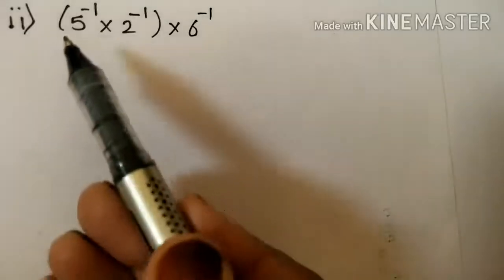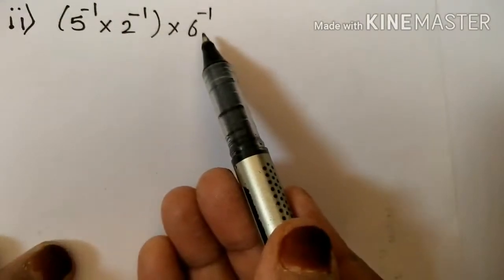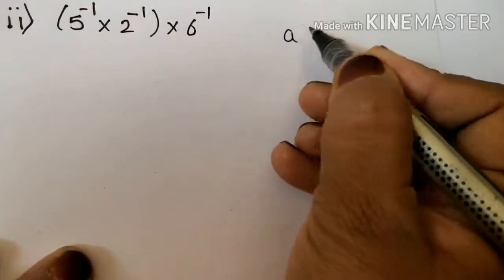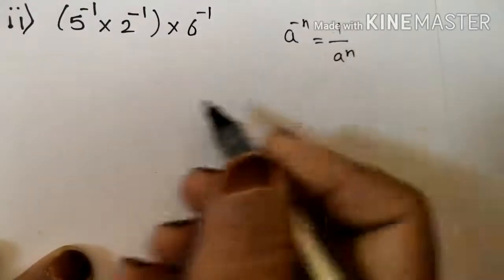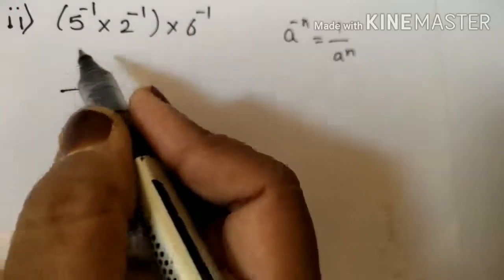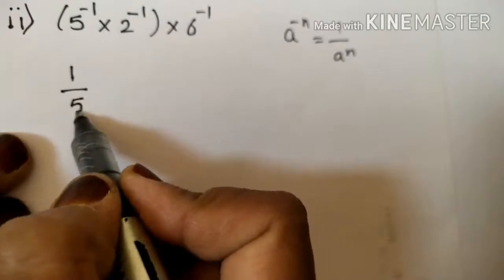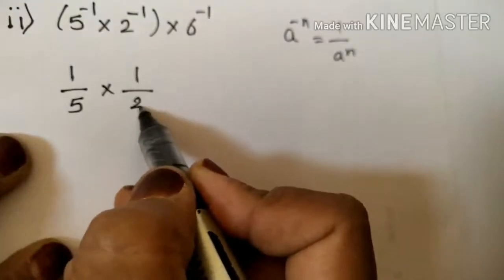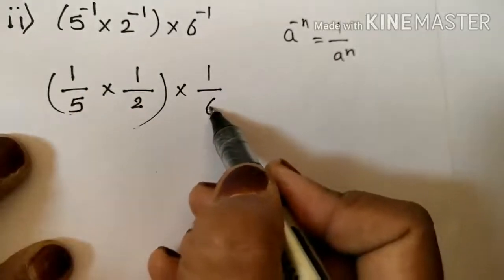Fourth main, second one, 5 raised to minus 1 into 2 raised to minus 1 into 6 raised to minus 1. So here we have to use the same law. What is that? A raised to minus n is equal to 1 by a raised to n. Therefore, 5 raised to minus 1 is equal to 1 divided by 5 into similarly 1 divided by 2 into similarly 1 divided by 6.